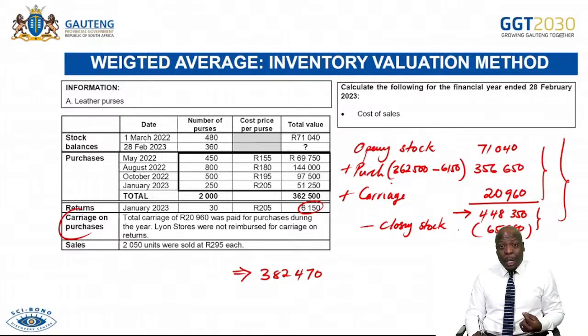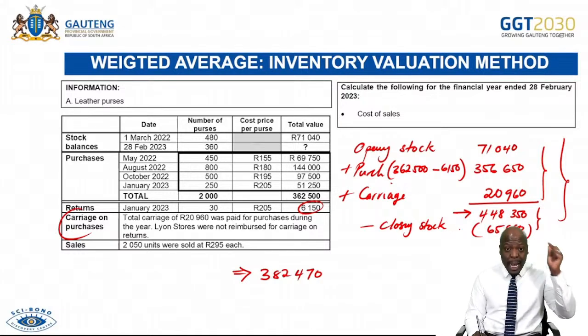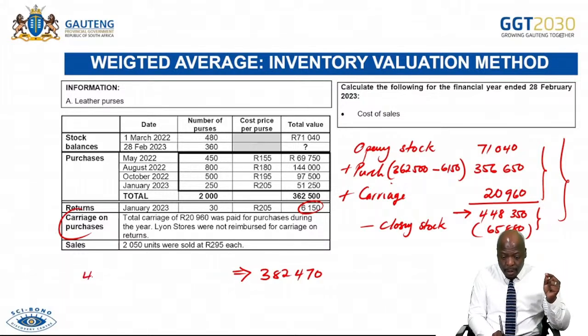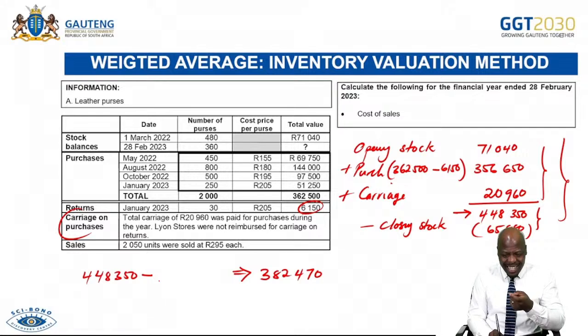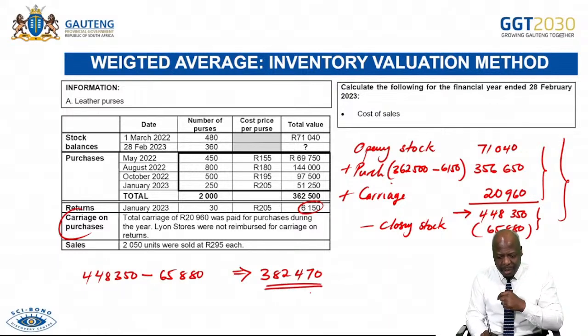So it means you're going to go back to your calculation. You take this 448,350. Then you just say minus. Minus what? The closing stock, which is your 65,880. And then it gives you 382,470. As simple as that.